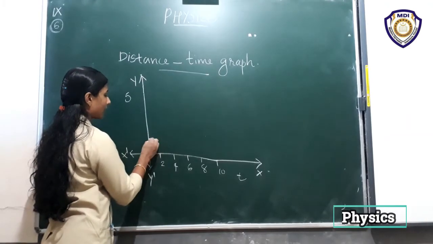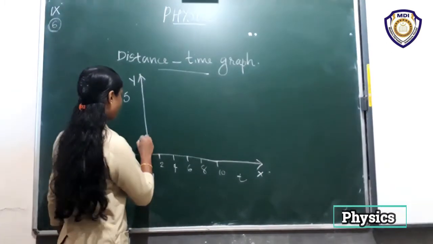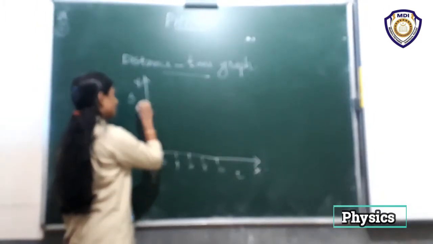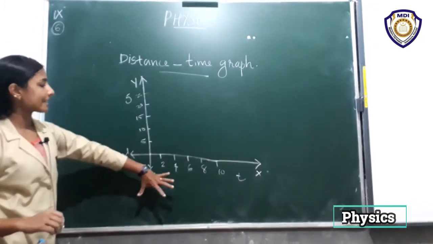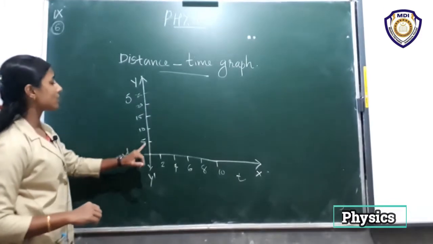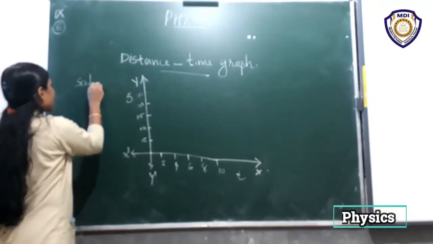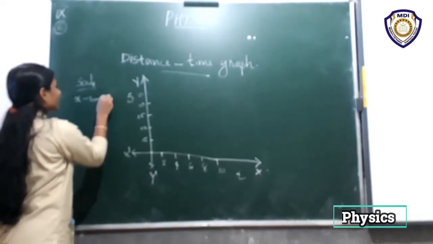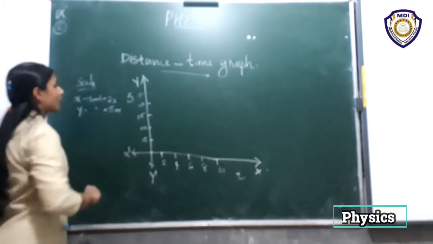And here we can take the distance as 5, 10, 15, 20, 25, like that. So what is the scale? On the x-axis, 1 unit gives 2 seconds, and on the y-axis, 1 unit gives 5 meters, right? Okay.